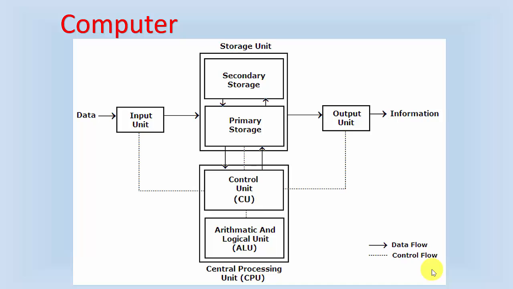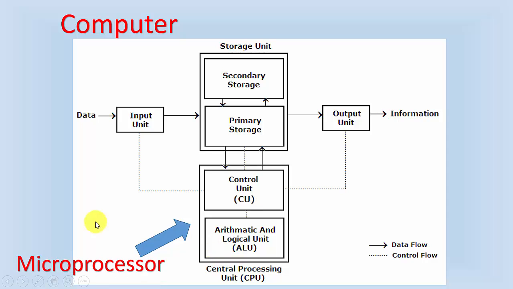We all know about a computer. A computer contains input units, output units, a central processing unit (CPU), and a storage unit. In fourth generation computers, this CPU is designed with micro size transistors, and that CPU is called a microprocessor, because micro means the size of the transistor and processor means the central processing unit.